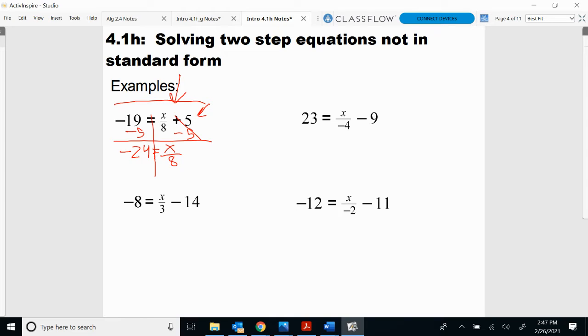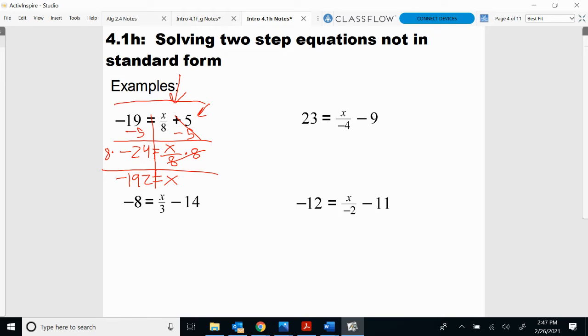Our last step we need to do is cancel off the 8, just like we were doing in the other problems. Since it's x divided by 8, we're going to multiply by 8 to get that to cancel, and we're going to multiply this side by 8 also. When we do that, we're going to cancel these 8s, and then negative 24 times 8 is going to get us negative 192 is equal to x.